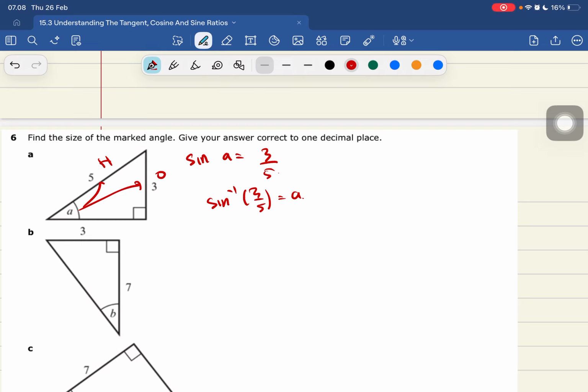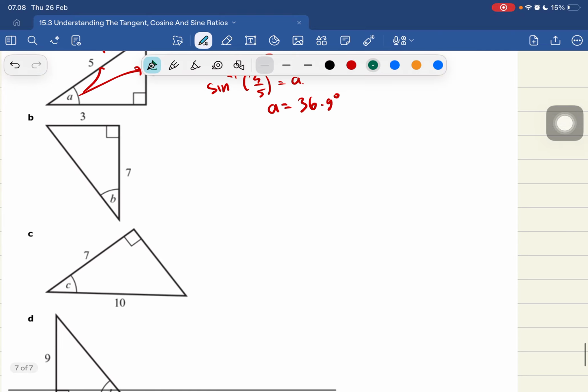It's going to be A. So A equals 36.9 degrees, because the question is to 1 decimal place. Okay, we got opposite and adjacent, so tan. So you got tan B equals 3/7.